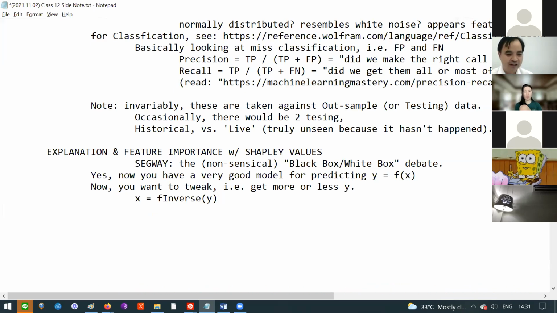If you do this, you can do things like optimization: choose X to get the maximum Y. Right? You can do that.